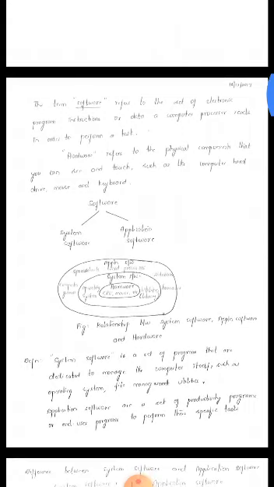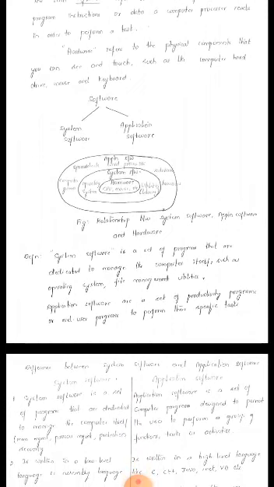Here you have a definition: a system software refers to a set of programs that are dedicated to manage the computer itself, that is operating system, file management, utilities, database management, text editors, all those come under system software. If you see the diagram, here you have the hardware, and in between, the system software, and the upper layer is my application software.